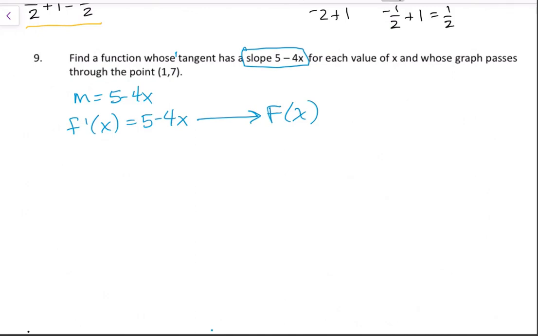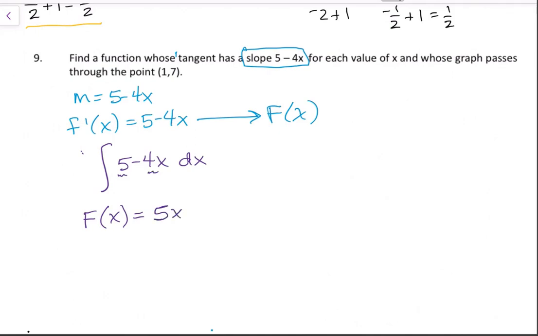So to set up my problem, what I'm looking to do is to find the integral of 5 minus 4x with respect to that variable x. So let's integrate this and see what we get. So what I get when I integrate this is going to be my function. So I integrate 5, that's my constant rule, which means I just attach an x.